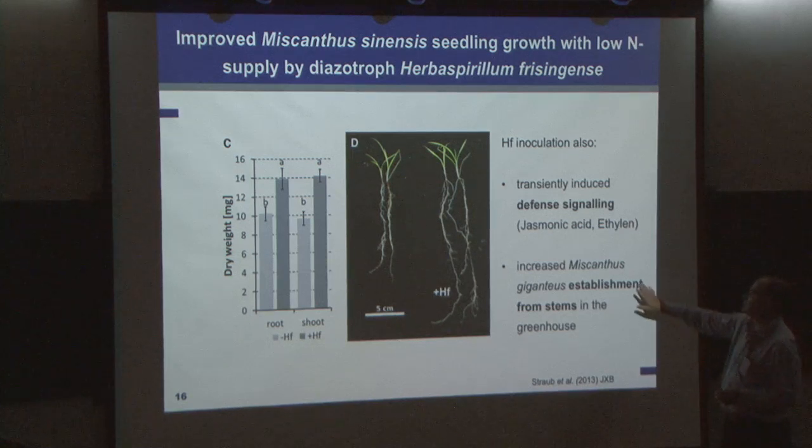And later we found that this bacterium also helps somehow the establishment of Miscanthus plants from stems. So this bacterium was for us very interesting because it was isolated from Miscanthus. It was also isolated from other biomass plants. And we thought, well, this is the one.